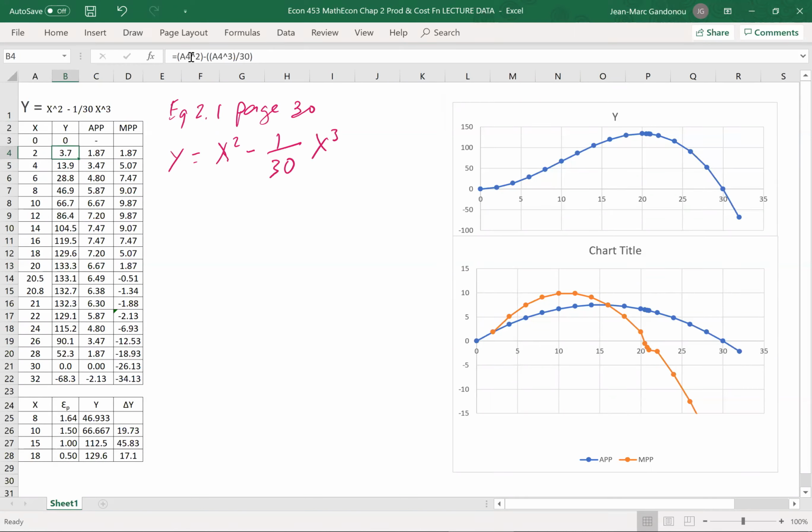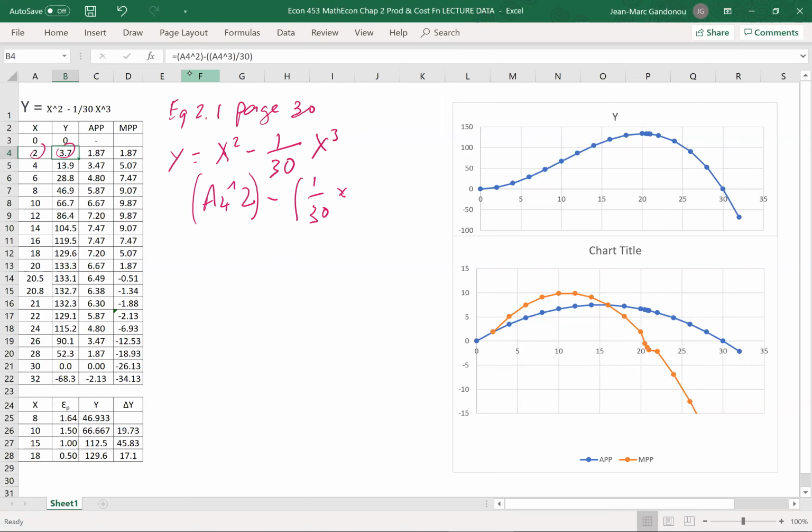In Excel, if you want to write this equation, it's going to be the cell A4, and I bring that to the power of 2. That's how you write square in Excel. I put that in parentheses, and I subtract 1 over 30 times, again, the same data.